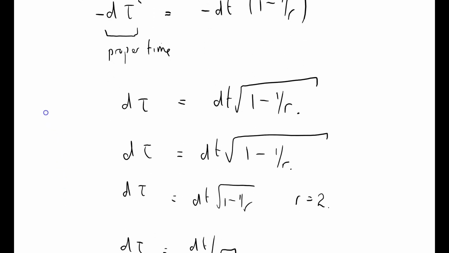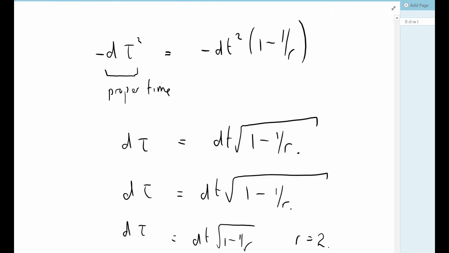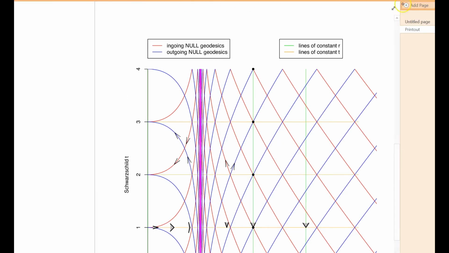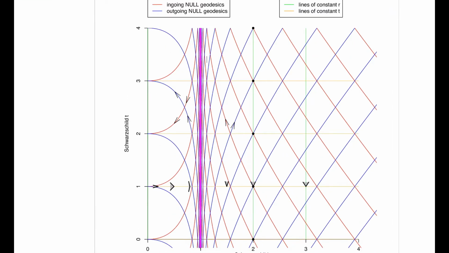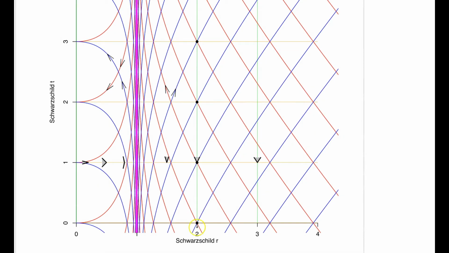I've actually glossed over a little bit of detail here, and I'll show you what I've done. I've made a sort of tricky assumption. Here's my diagram again. We're going to emit from here, and we're going to receive here.